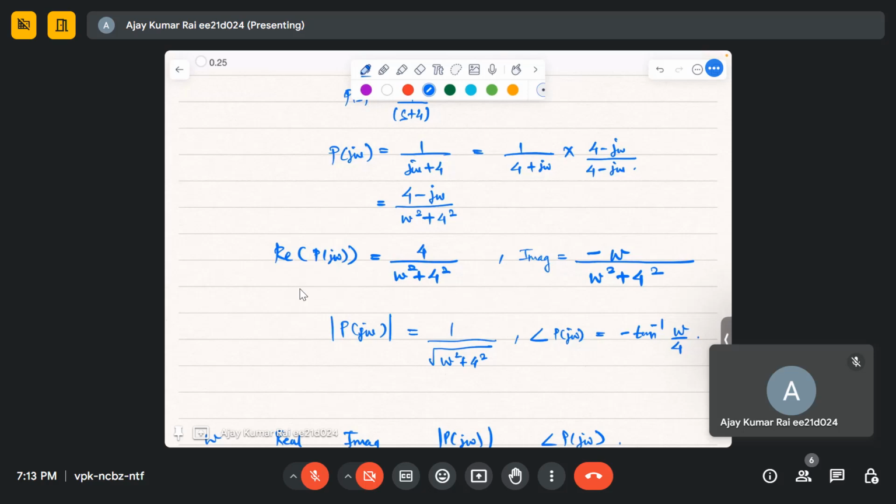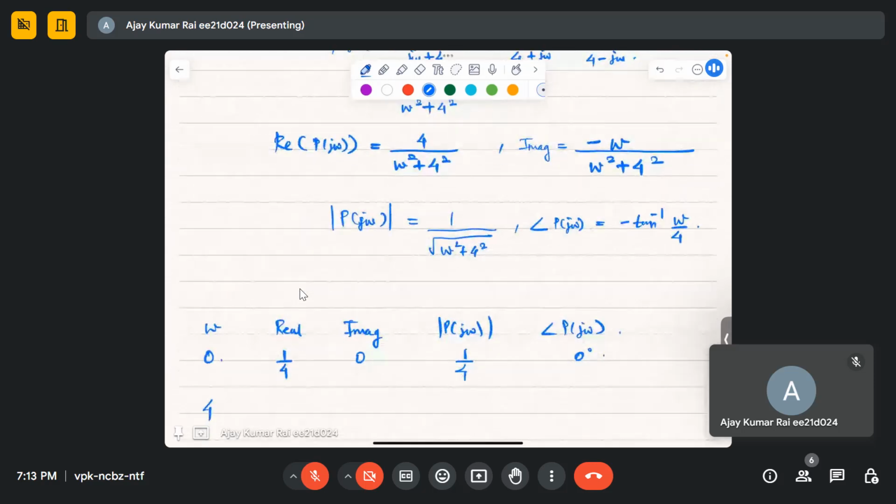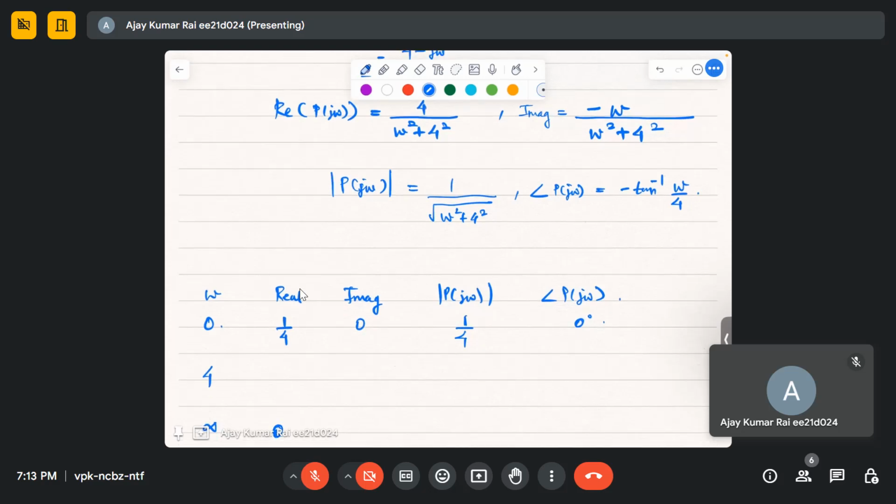Yes, sir. And for the imaginary part, what will you get? Minus omega by omega square plus 4 square. So it will be like minus 1 by omega. If you put infinity, you'll get minus 1 by infinity, which is 0.